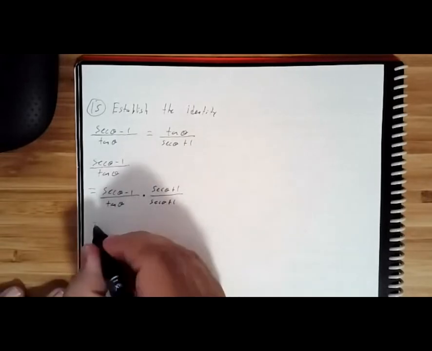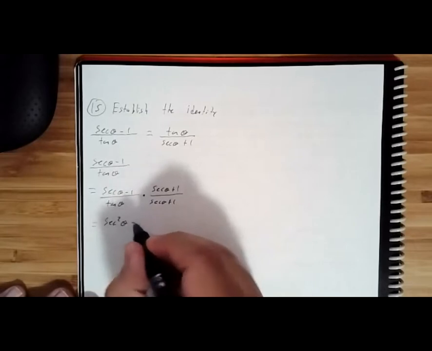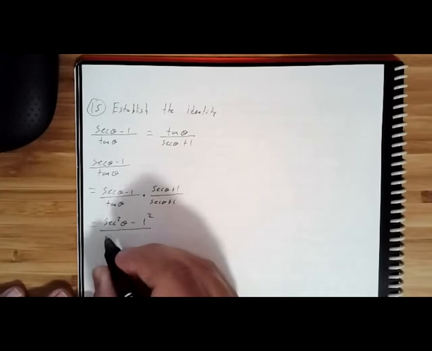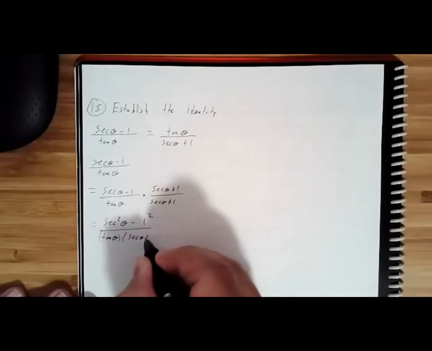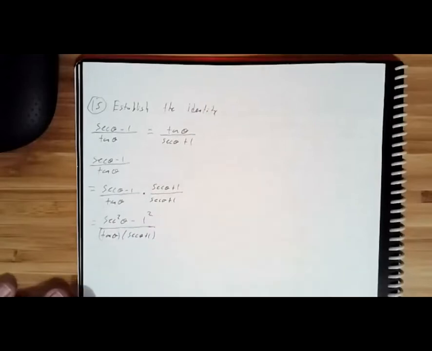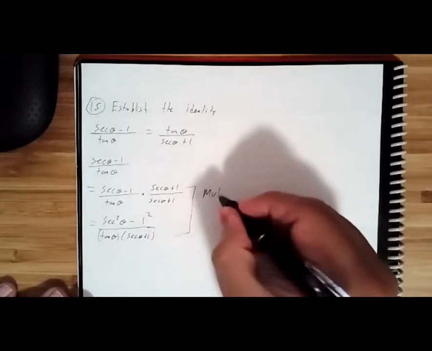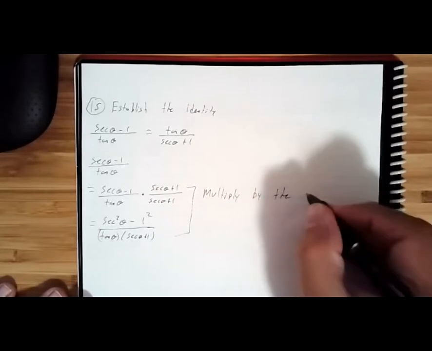So you do the top and bottom. So the top will turn into the difference of squares. Right? And the tangent will be on the bottom multiplied by that secant theta plus 1. So right here is multiply by the conjugate.